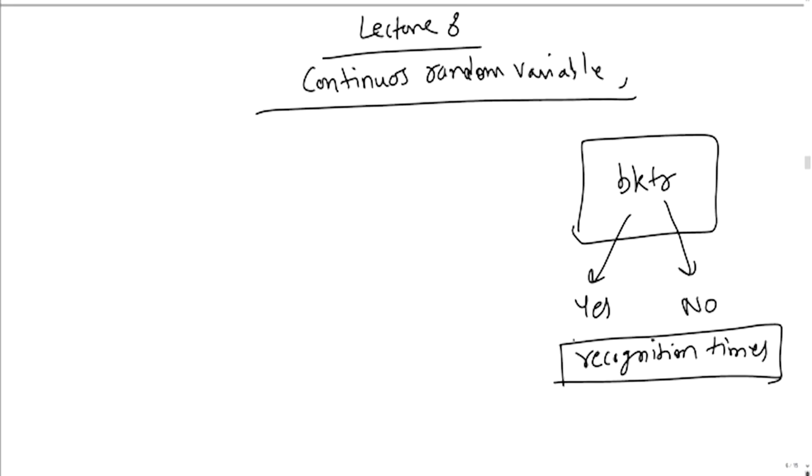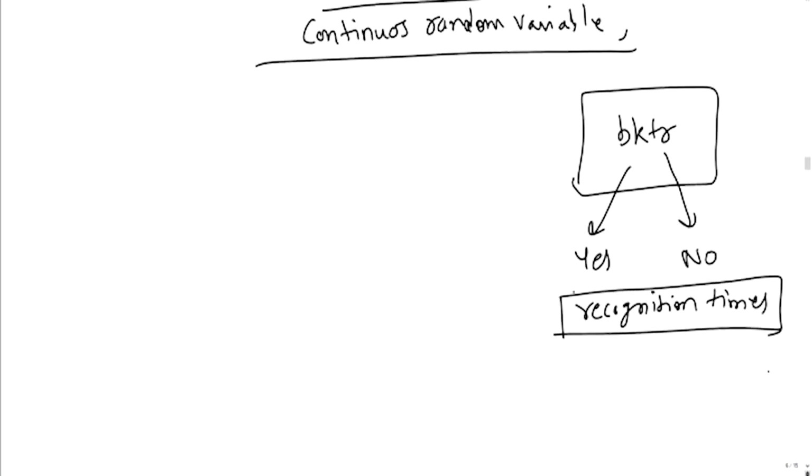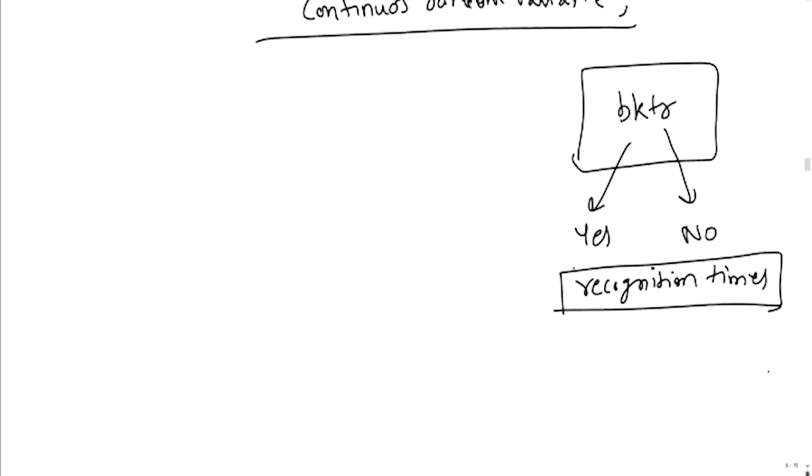Now, given that you are interested in these recognition times, if I ask you what would be your sample space, what are all the possible values that the outcome can take in a particular trial?